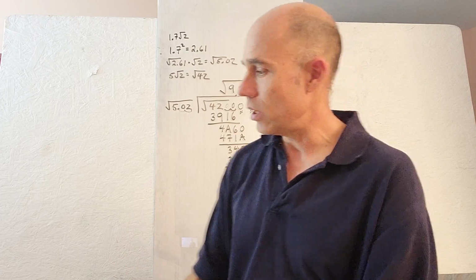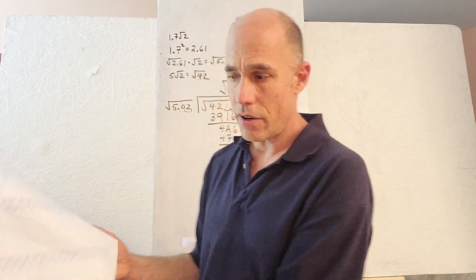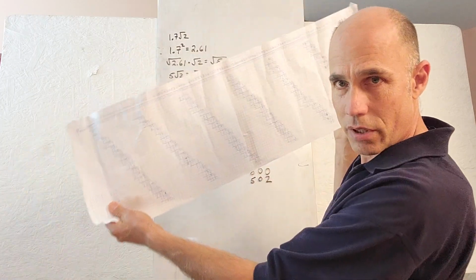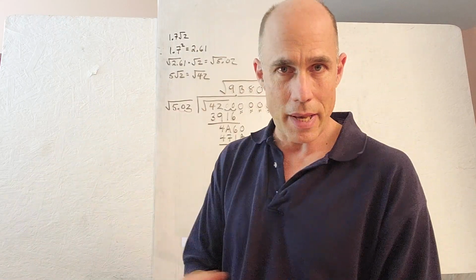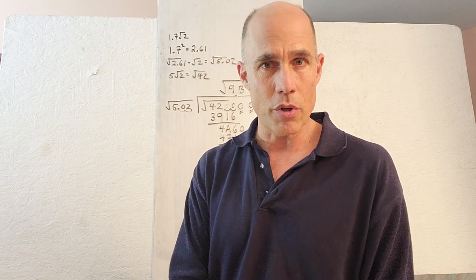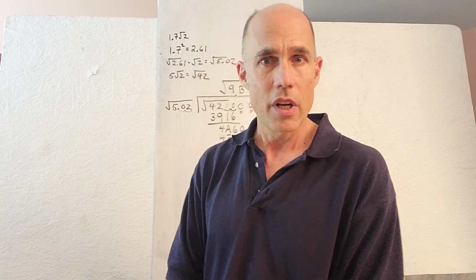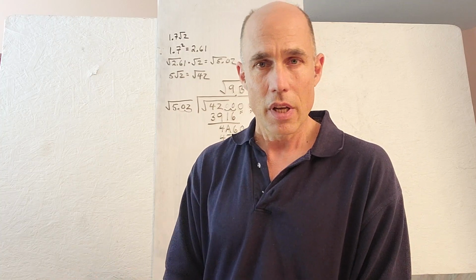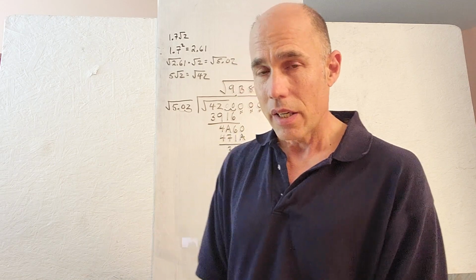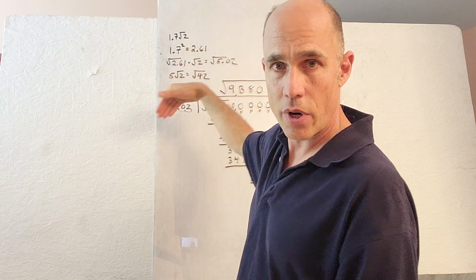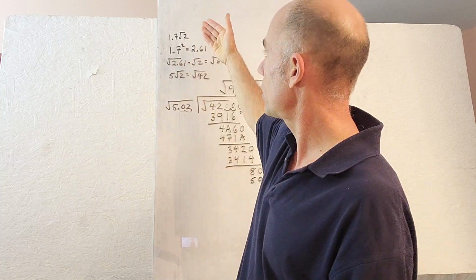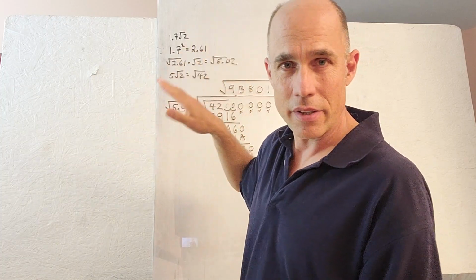And what I'm going to do, actually, I've done it here. I've got it written out on a piece of paper, and I'm going to stick it to the board here and just pan it so you can see the actual number in its complete length. You've come this far, you deserve to see the whole number. And then what I'm going to do after that is we're going to do the same equation, but we're going to knock off the square roots of 2. And we're just going to say, well, what's 1.7 divided into 5?